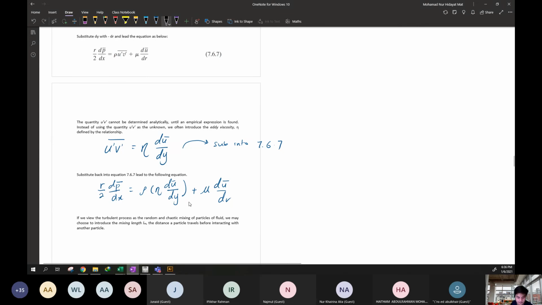So after this, we can do the factorization. You can see we have du dy.